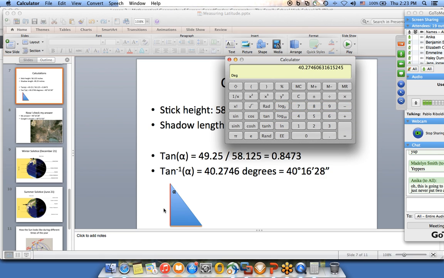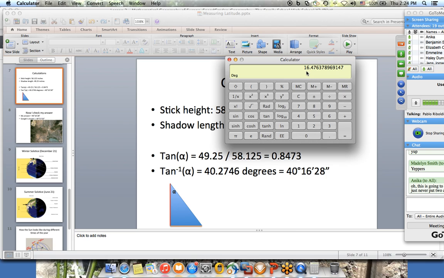So the angle alpha is 40.2746. If I want to translate that from decimal degrees to minutes and seconds, 40 is the number of degrees. If we subtract 40, we get the decimal part, and we multiply that by 60, because there are 60 minutes in 1 degree.